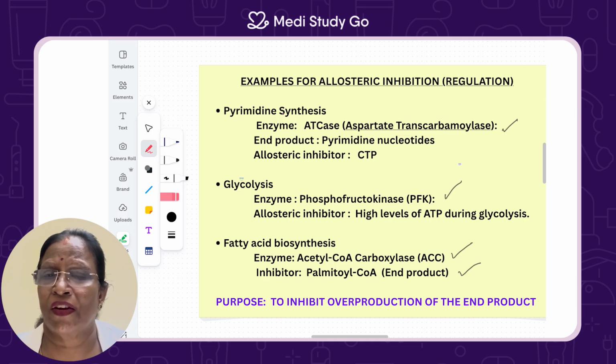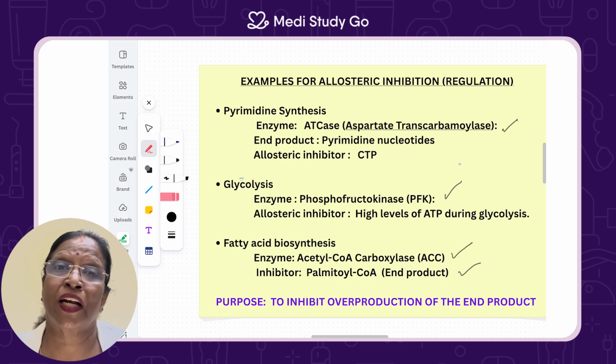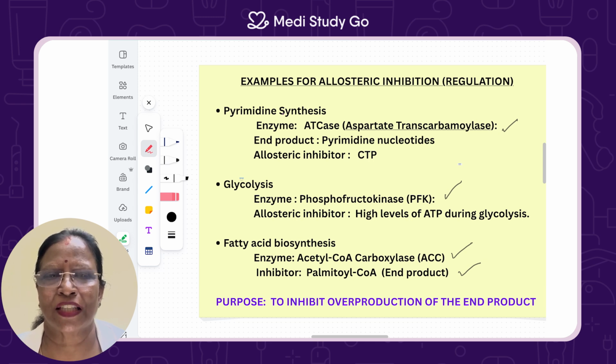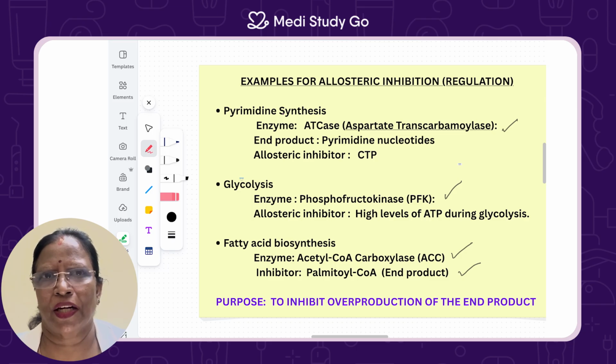Once it comes down, it will leave the allosteric site and acetyl-CoA carboxylase can go back to its active state and go ahead with the catalysis for synthesis of fatty acid. So this is all about the reversible type of inhibition, that is allosteric inhibition or allosteric regulation.